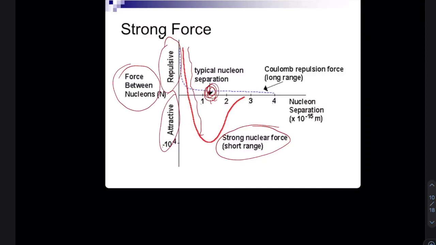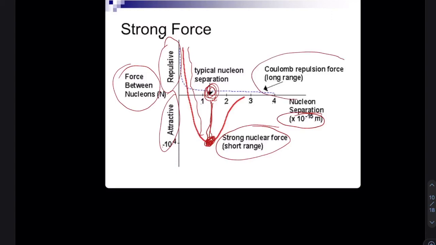Think about it this way: it's multiplied by 10 to the power negative 15 meter, which is a very, very small distance. If you go all the way down here, this is a peak. So here you have a very, very attractive force. The nucleons will attract very nicely in this particular case.